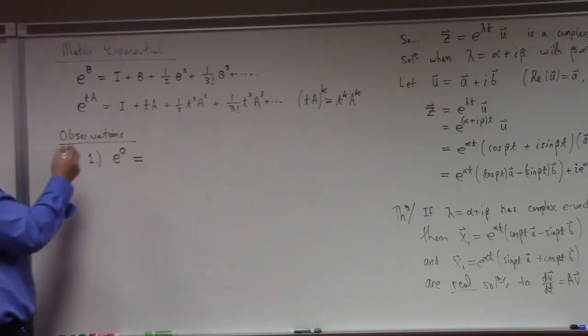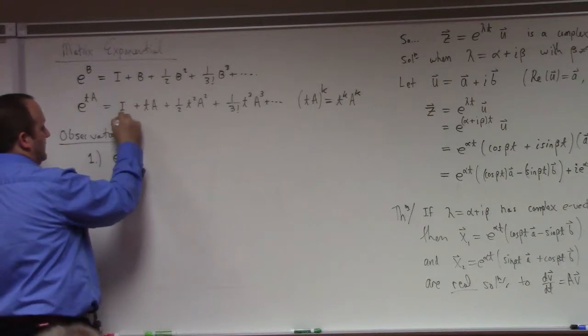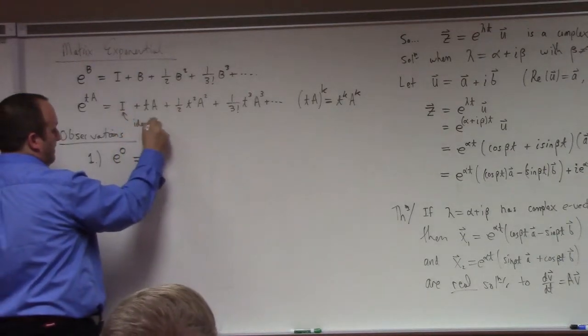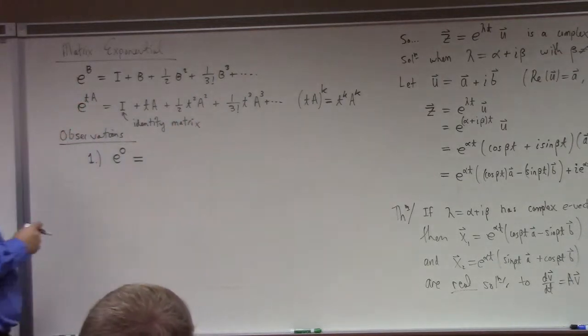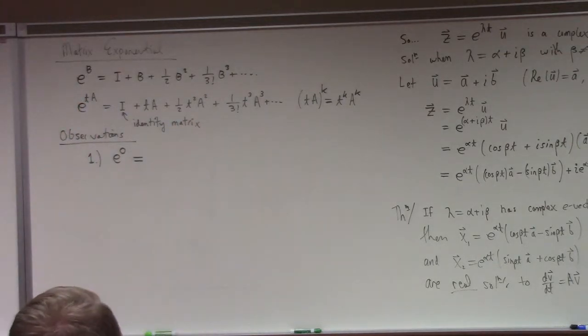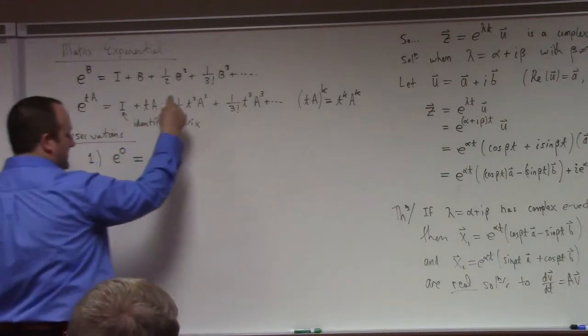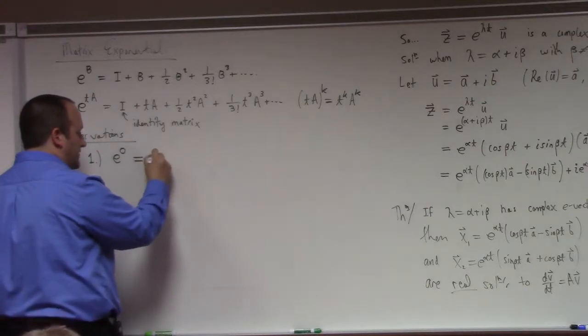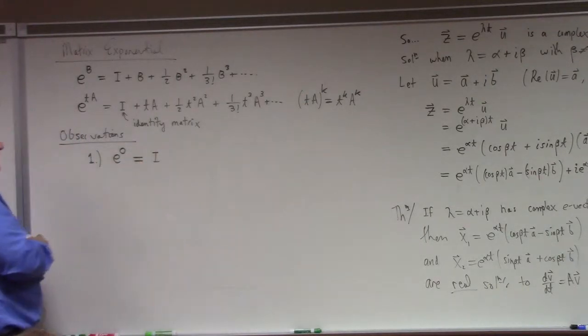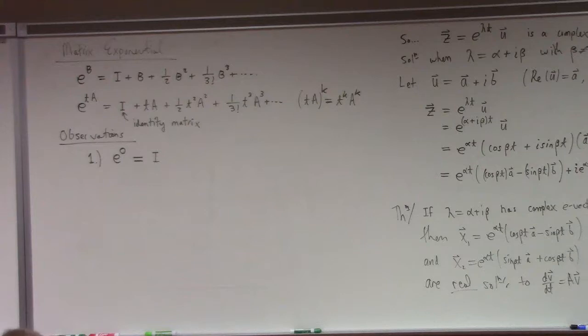It's the identity matrix, which we've seen a couple times today. Everything else is 0: it's I plus 0 plus 0 plus 0, and so on. So e to the 0 is I. I is like the number 1. This is a good sign, just like e to the 0 is 1. The e to the 0 matrix is the 1 for matrices, the identity matrix.